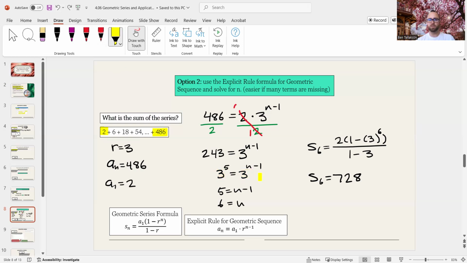So we can get rid of the 3's and work with the exponents only, add 1 to both sides, n equals 6. We have what we wanted, and now we can put it all together into our geometric series formula, and once again, use our calculator to find that total, 728.